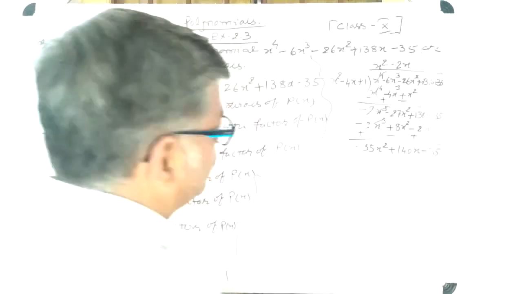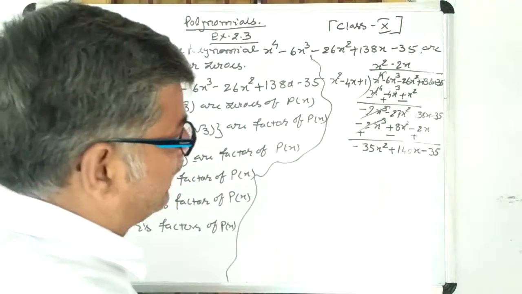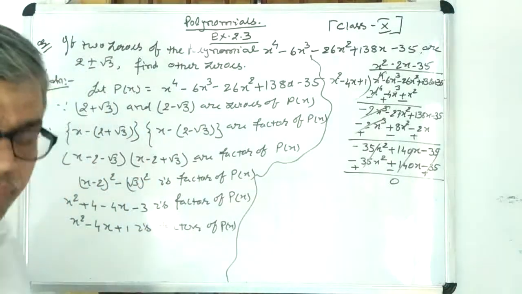How many times will it go? Multiply by minus 35. So it will become minus 35x square plus 140x minus 35. Change the sign, so this gets cancelled and your remainder comes 0.